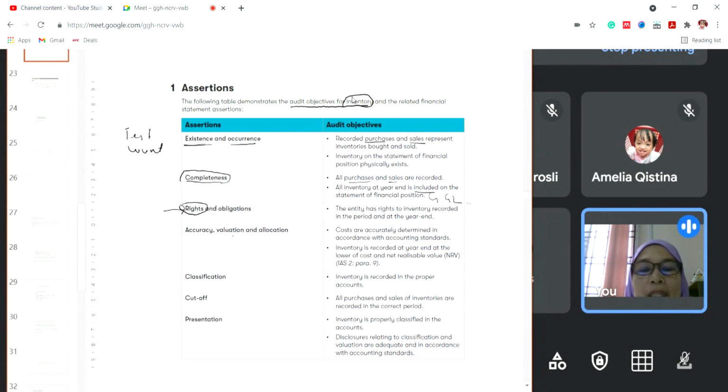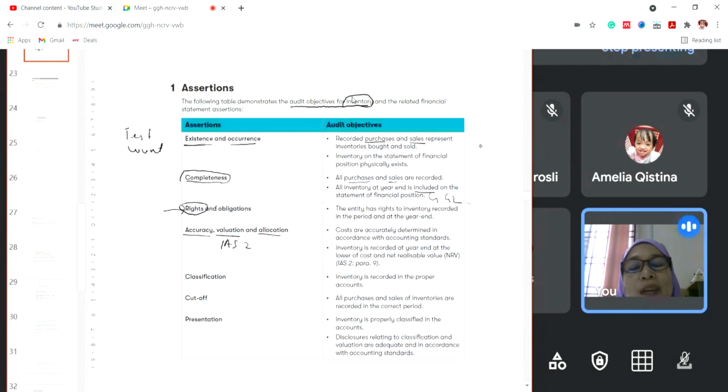Accuracy, valuation and allocation, this is what we are going to look at today. We will look at whether the inventory is recorded at the correct value, the accuracy of the amount recorded. Correct valuation must follow IAS 2, and the correct allocation of the asset. If the company purchases inventory, it should be recorded in inventory.